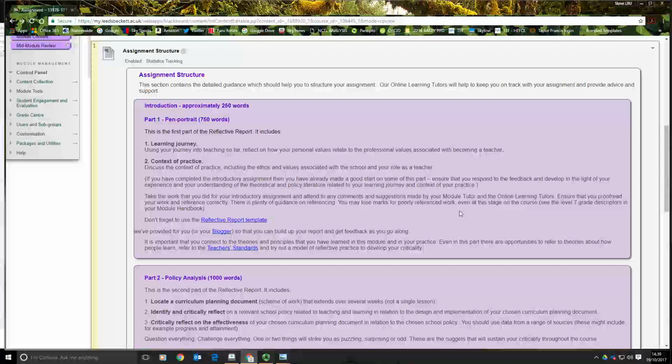Yes, and already in the pen portraits, in the introductory assignments, we're seeing how people's previous experience really informs the way that they think of themselves as a teacher. So that can be developed.